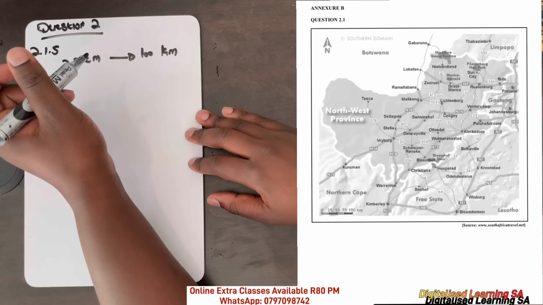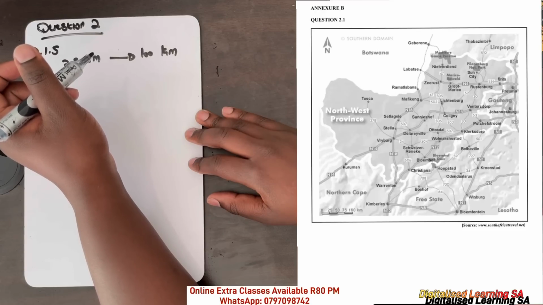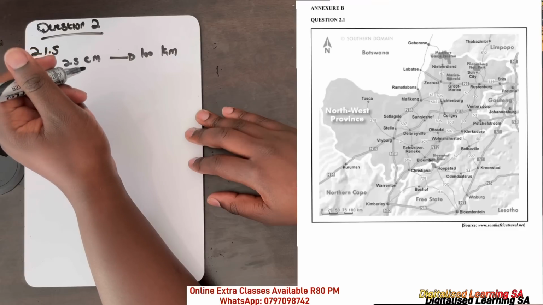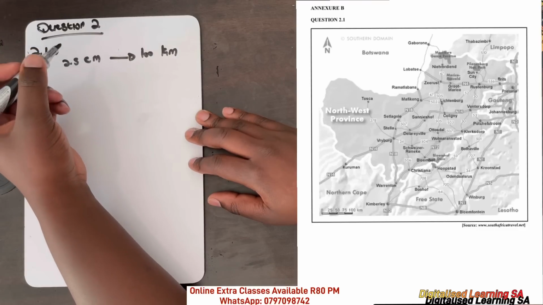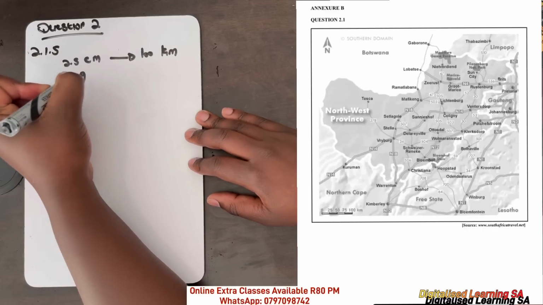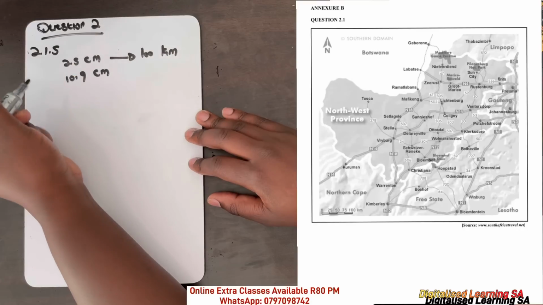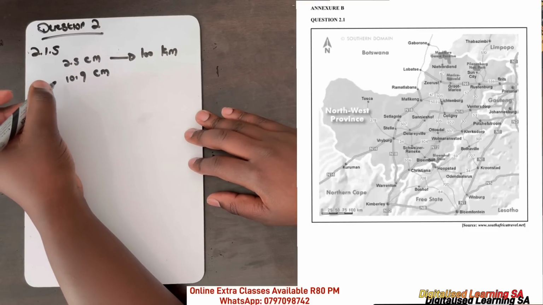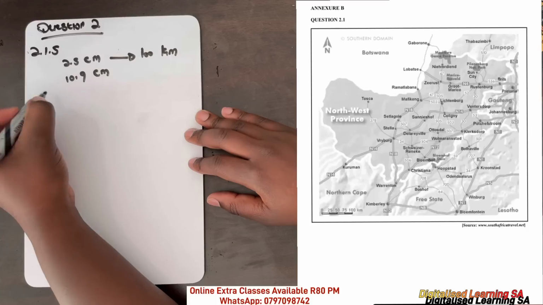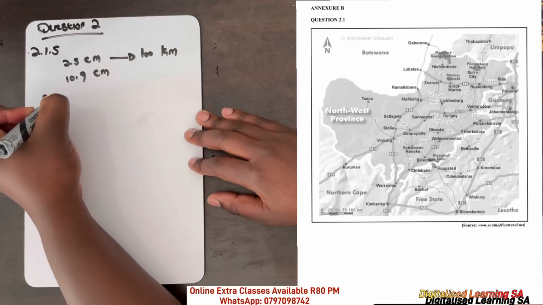And now we need to measure the distance from Vryburg to Pretoria. If you place a ruler from Vryburg to Pretoria, you will see that the length will be 10.9 centimeters, meaning that to calculate the actual distance from Vryburg to Pretoria, we will use the actual distance formula.